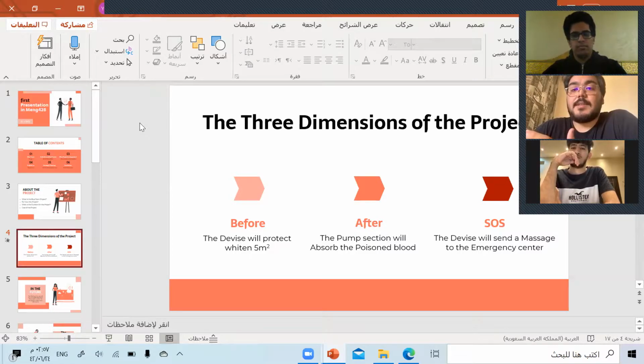After getting attacked, we are going to create something that absorbs the poisoned blood by using a small mortar and cup, and also a small knife. And the 3rd dimension is that the snake blocker sends a message, including the location of the person, to the nearest emergency center.